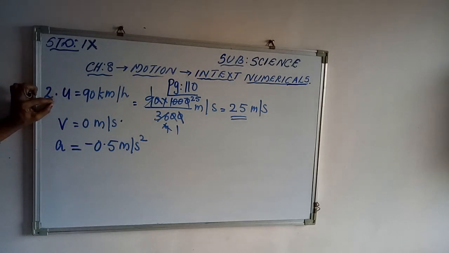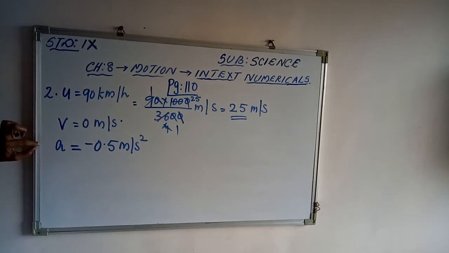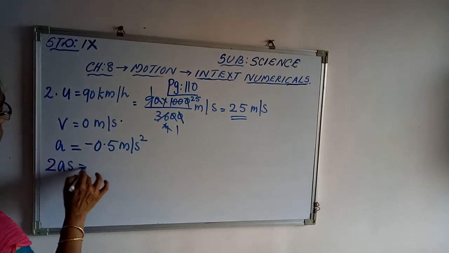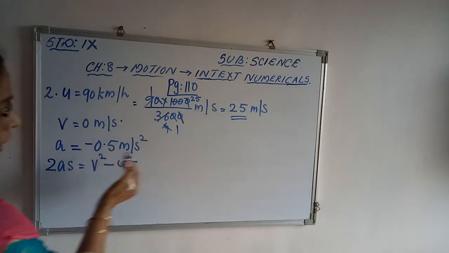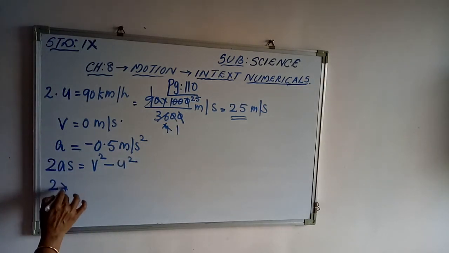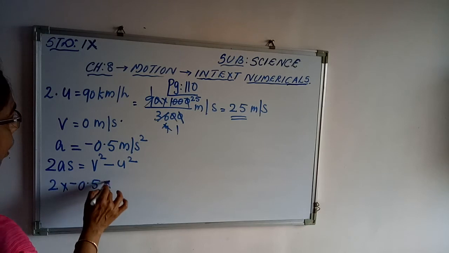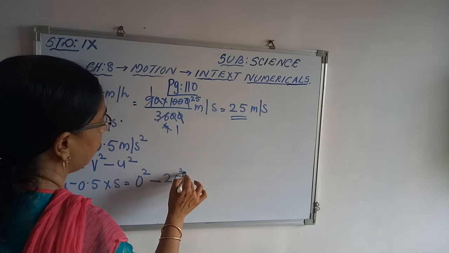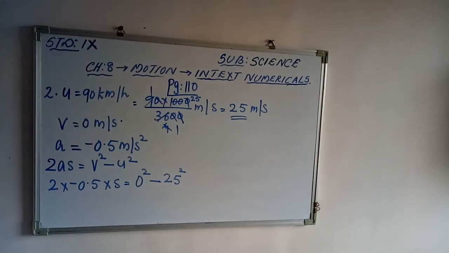Here, initial velocity, final velocity and acceleration are given. You are asked to find out the distance traveled. So we will use the position velocity relation to find out the distance traveled. What's the position velocity relation? 2as is equal to v square minus u square. Substitute the value. 2 into minus 0.5 into s is equal to 0 square minus 25 square. Isn't it? Then we can write minus 5, 2 fives are 10.